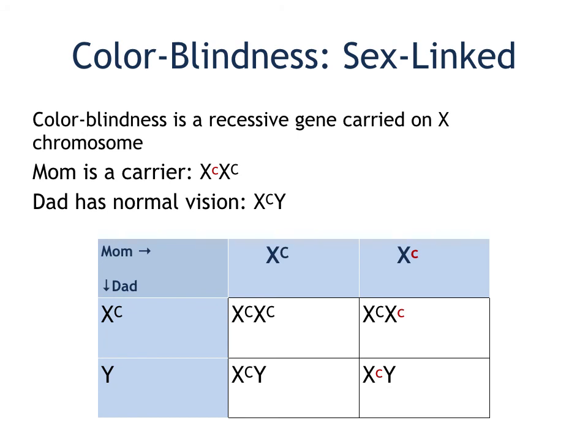And the son does not have a dosing of a good gene from Dad, so therefore that son ends up with color blindness. So what we see here is that 50% of the sons will be colorblind, or 1/4 of all children if we consider both sexes.